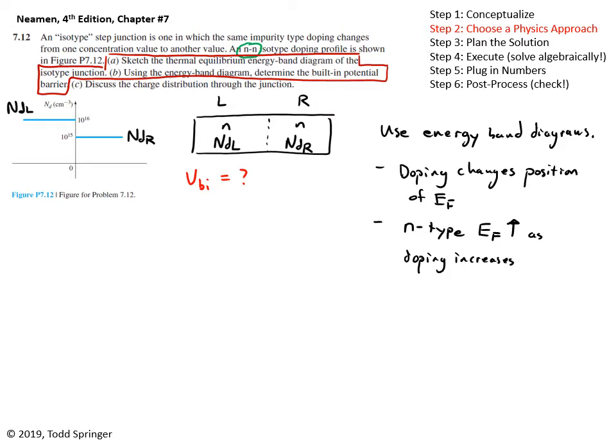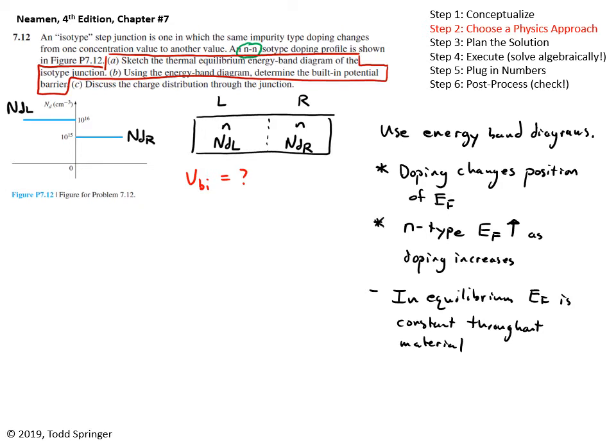And then the other key point to remember is that in equilibrium, EF is constant throughout the material. So those are the key points. There's different dopings on each side.